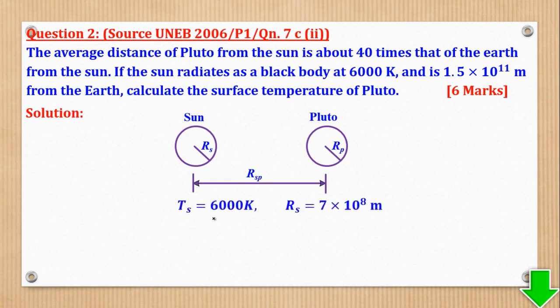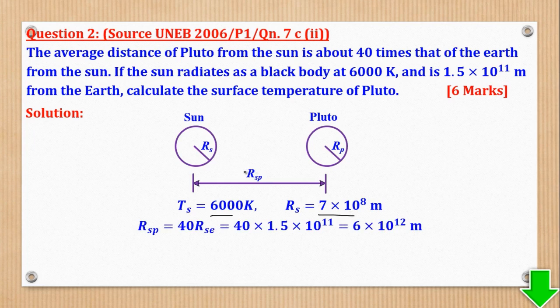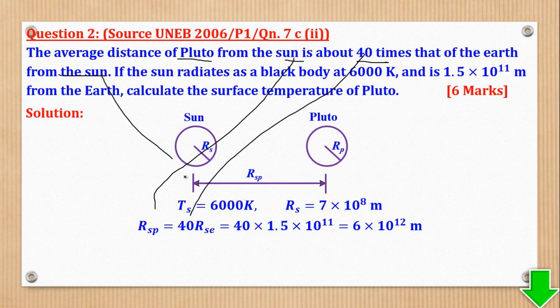So the temperature of the Sun is that, the radius of the Sun is that. Now here they have told us that the average distance of Pluto from the Sun, that is RSP, is 40 times that of the Earth from the Sun, 40 times RSE.